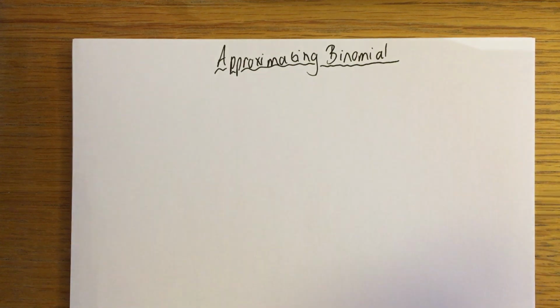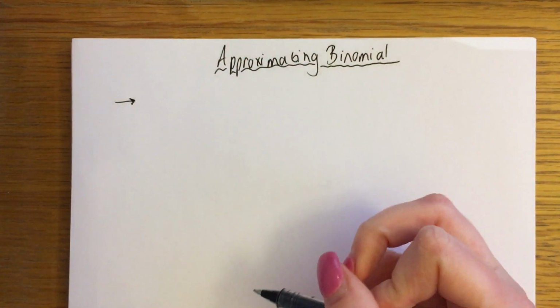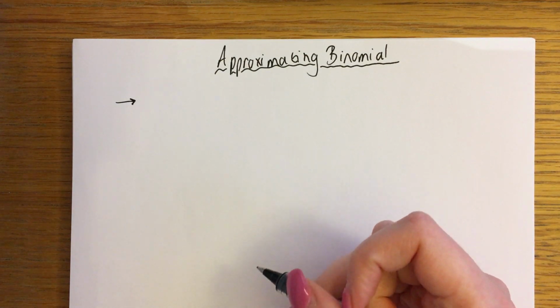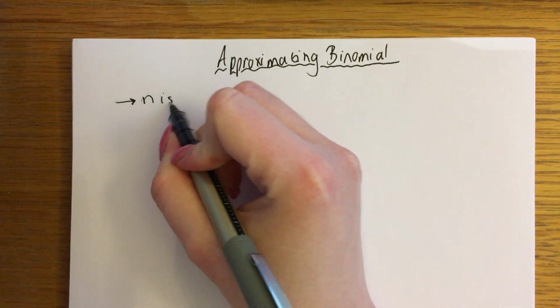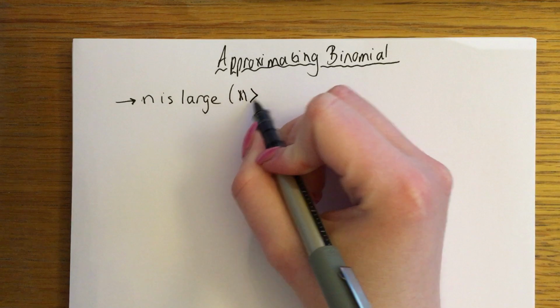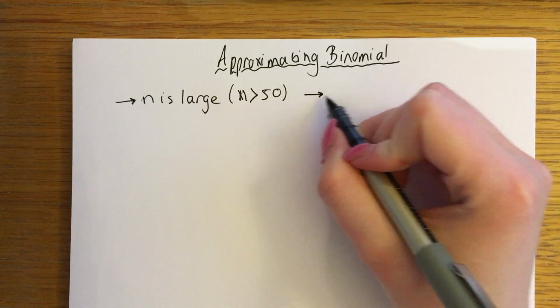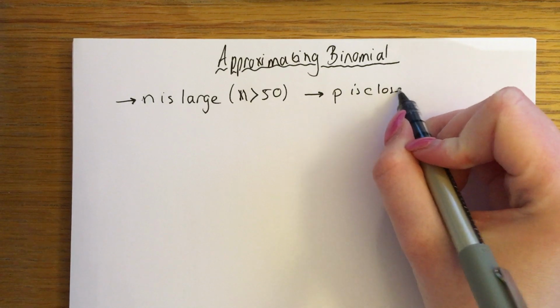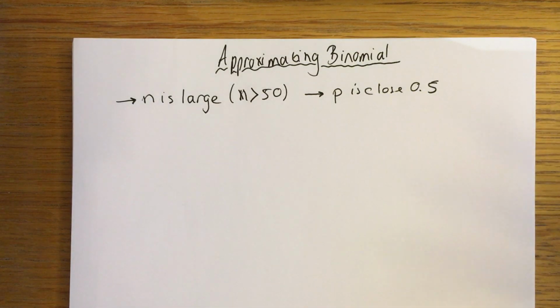So, the conditions for which we can use a normal to approximate a binomial is when n is large, which should be when n is greater than 50, and when p is close to 0.5, because if the probability of success is really close to 0.5, then obviously it's going to be a more symmetrical distribution, because the likelihood of the occurrences between success and failure are almost similar, so therefore our curve should be equal on either side.